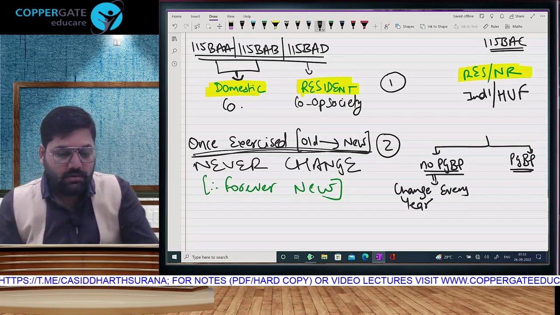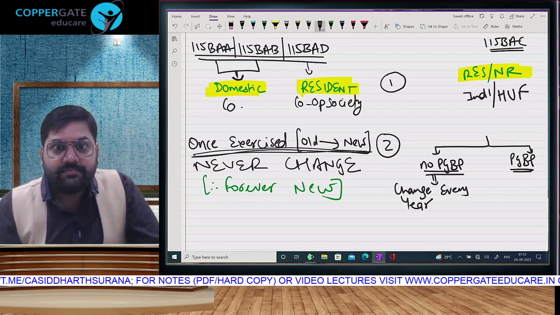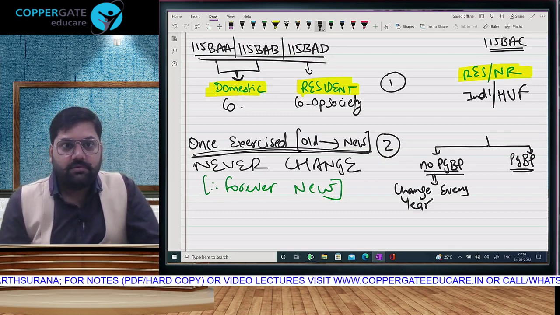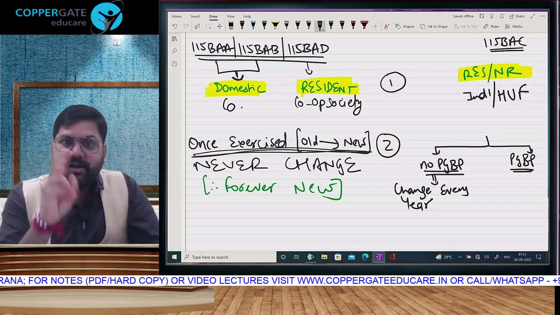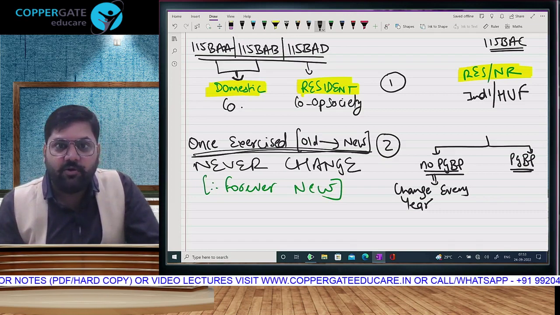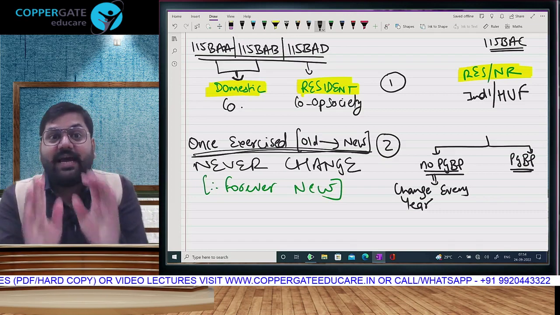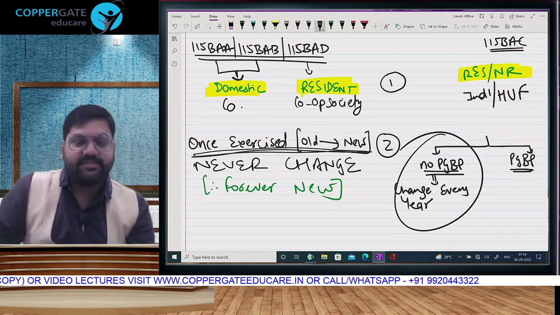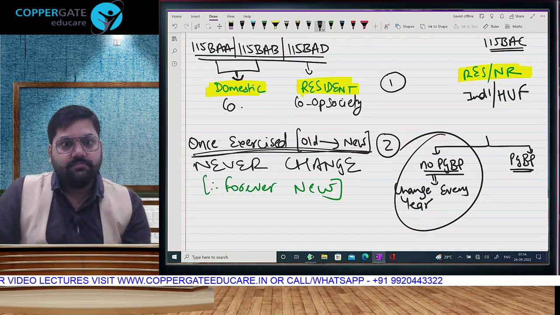Meaning a salaried employee, first of all individual HUF, whether resident or non-resident, both cases eligible for new regime, and a salaried employee does not have PGBP. Can I say this employee will fall in this category of my chart? No business, only salary.